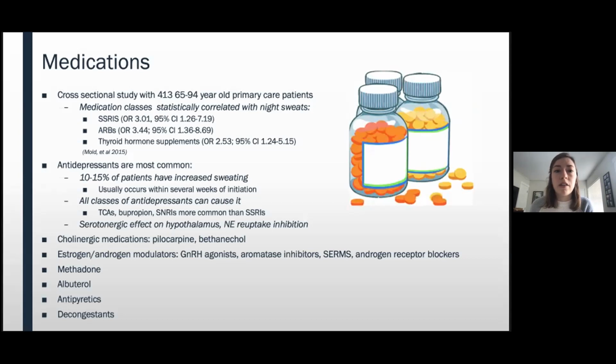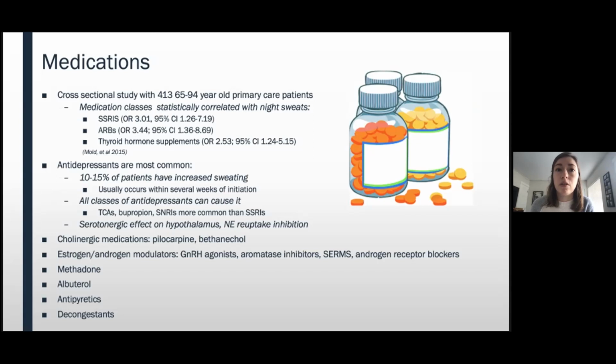Actually, SSRIs are less common than TCAs, bupropion, and SNRIs to cause night sweats, but I think most of our patients who are on antidepressants are on SSRIs, so we'll see it more commonly with SSRIs. This is thought to be due to serotonergic effect on the hypothalamus and on the spinal cord directly, interestingly, and norepinephrine reuptake inhibition. Other medications that can cause night sweats include cholinergic medications like pilocarpine and bethanechol.